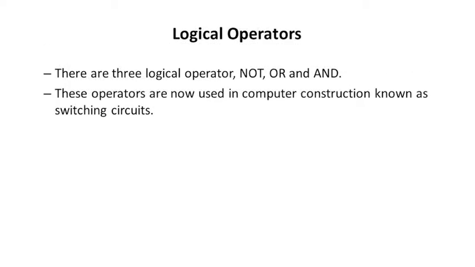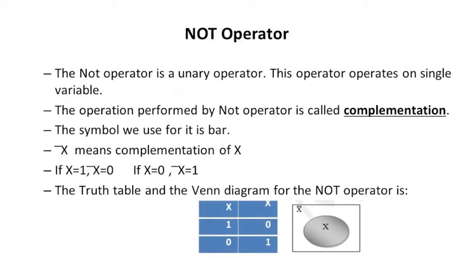Next heading is logical operators. There are three logical operators: NOT, OR, AND. These operators are used in the computer construction known as switching circuits. First one, the NOT operator. The NOT operator is a unary operator.